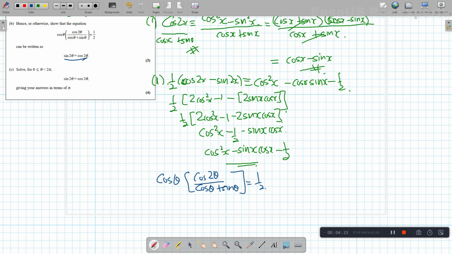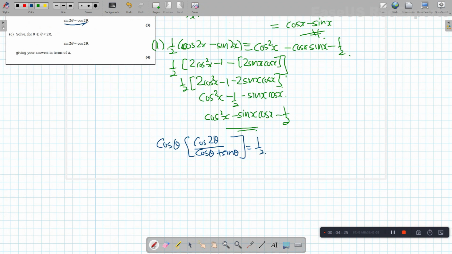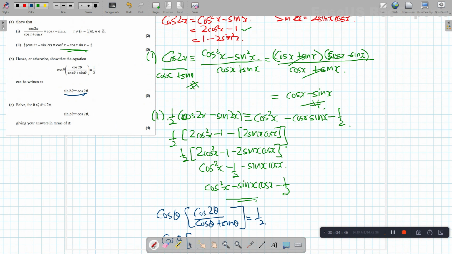So now, cos theta over cos 2 theta, what do I get?